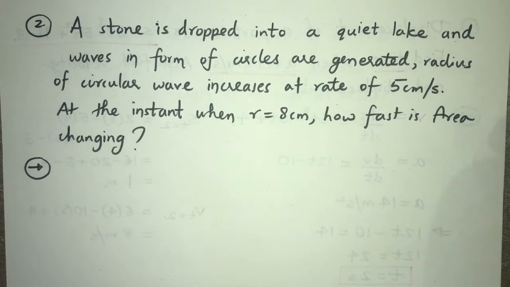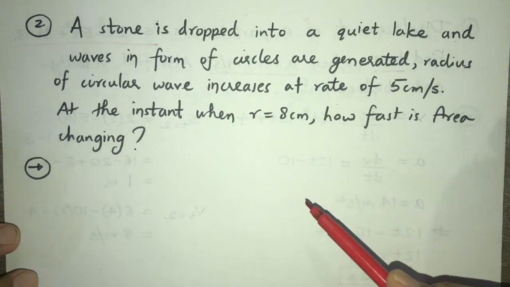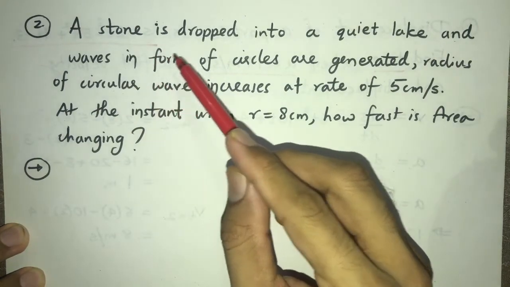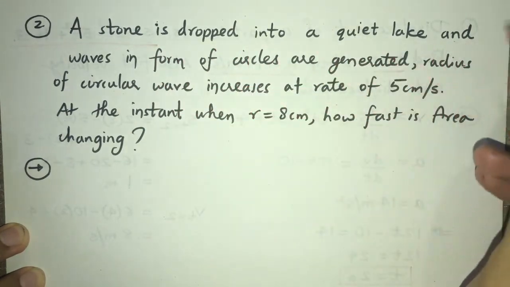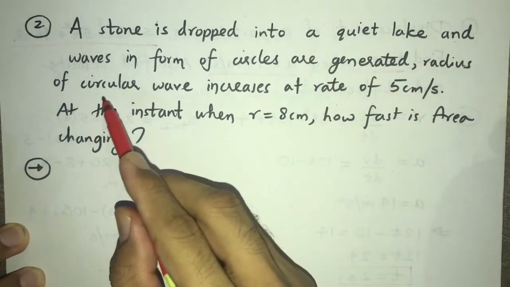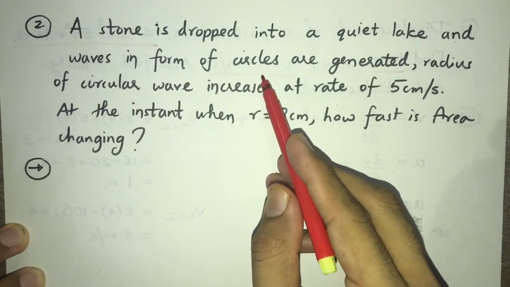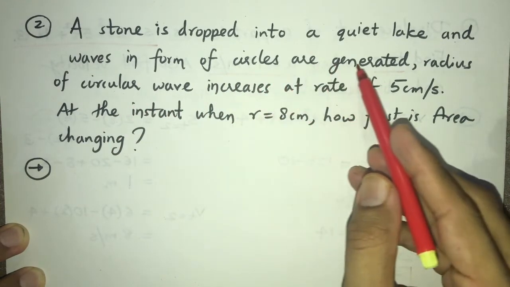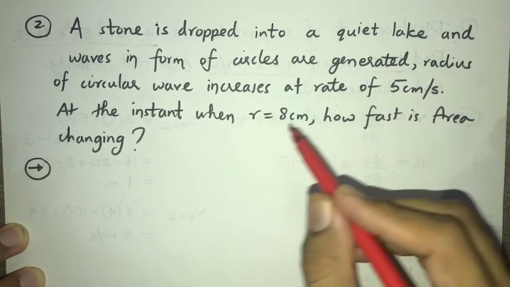We are doing the next sum now. In this sum, what is asked is, a stone is dropped into a quiet lake. Waves in the form of circles are generated.